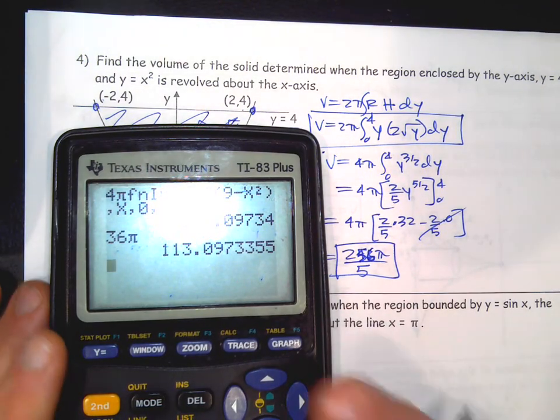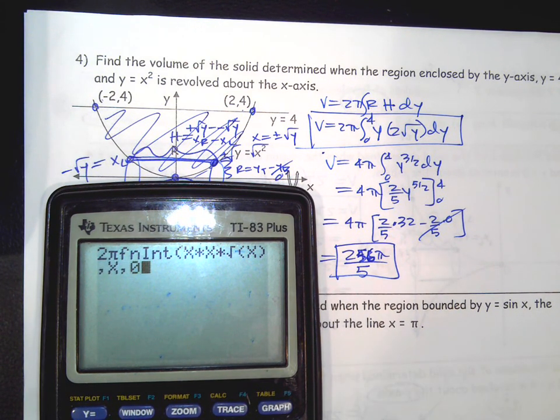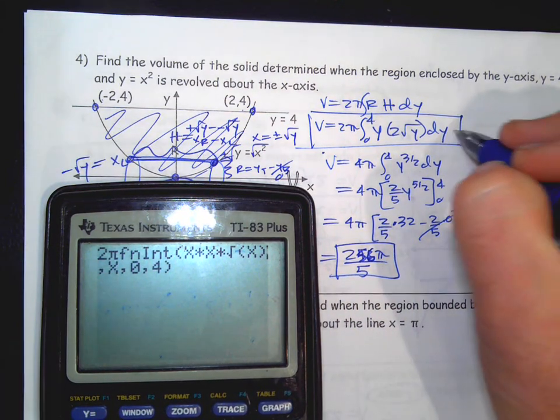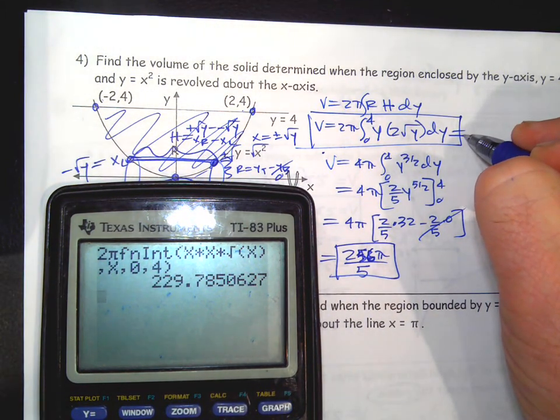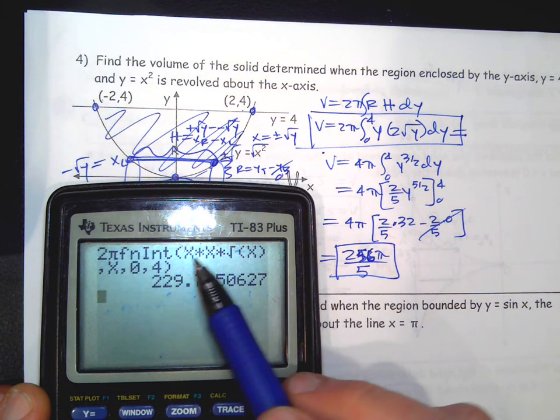So that should be the right answer. And then on my calculator, 2 pi math 9, x times square root of x, close, comma, x, comma, 0, comma, 4. Okay, I think I typed in something wrong. Let's see, 2 pi x.